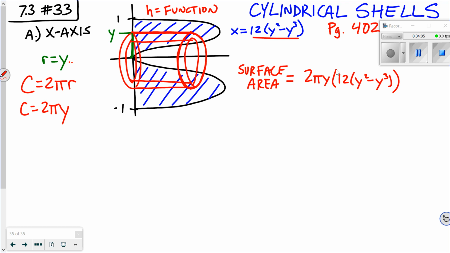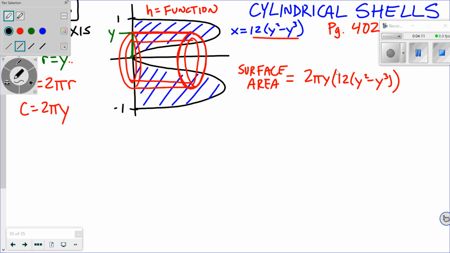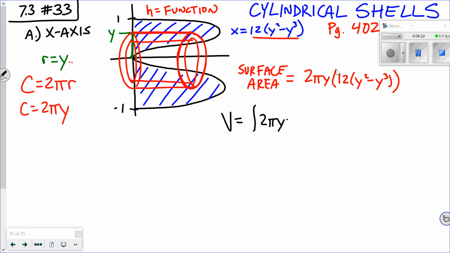Now we're going to find the volume using an integral of that surface area. The volume is equal to the integral of 2 pi y times (12 y squared minus y cubed) dy, so dy is the width of each of those cylinders. Now my interval is going to be from 0 to 1. If I look from 0 to 1, we're just looking at half of the cylinder here.